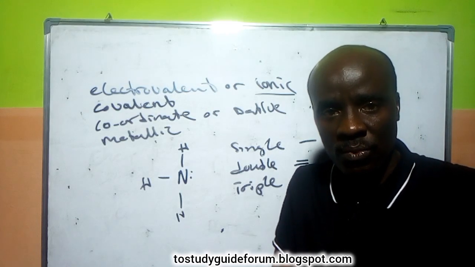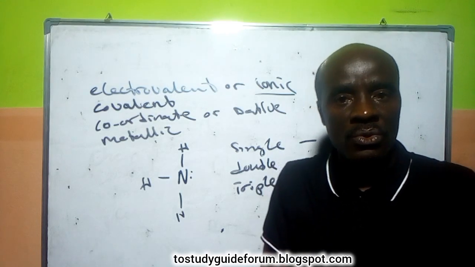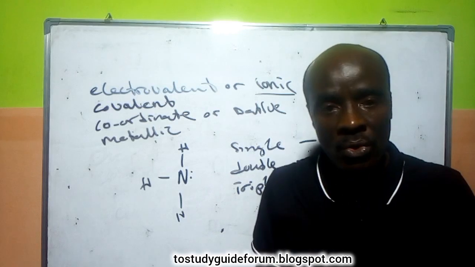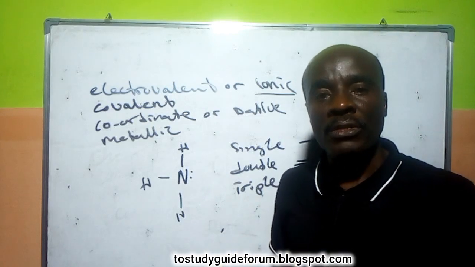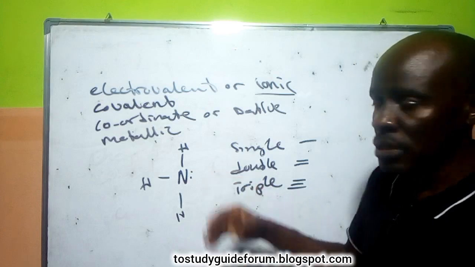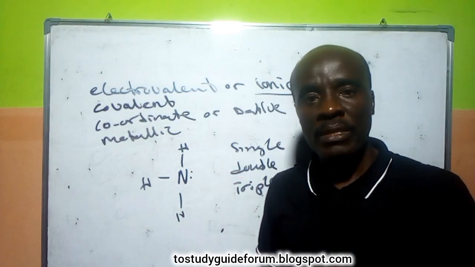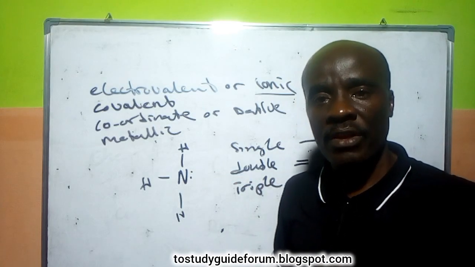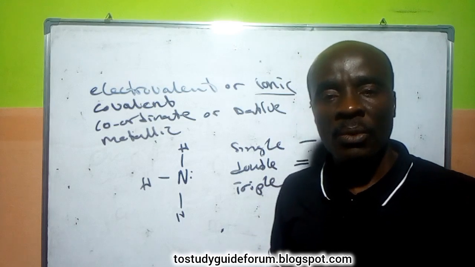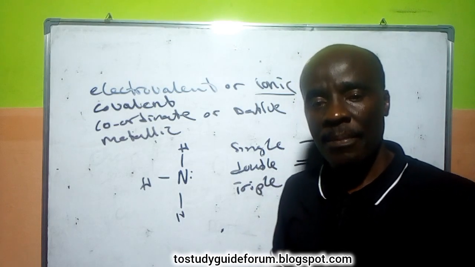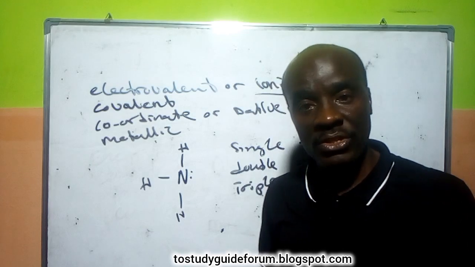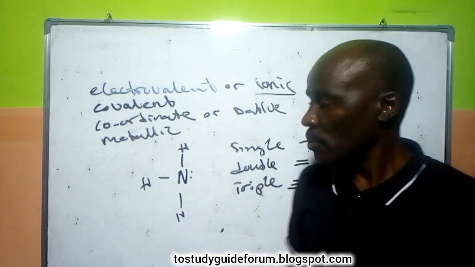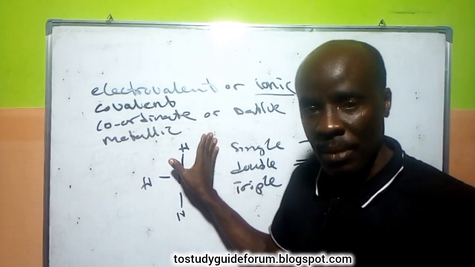The electrons are free to move around within the nucleus. So they bond together to give us what we call metallic bonding. Now, because of the close bonding that exists there, metallic bonding is very, very strong. Some of the characteristics they have, they are malleable, they are lustrous, and they are good conductor of electricity. Now, these are some of the things I want you to know about this.